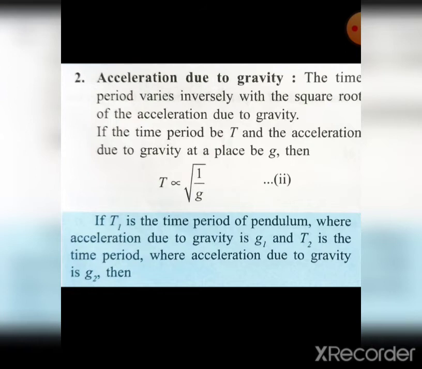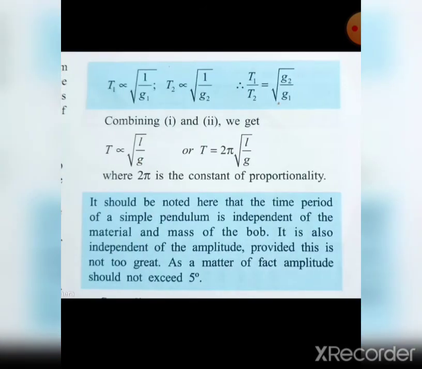If T1 is the time period of a pendulum where acceleration due to gravity is g1 and T2 is the time period where acceleration due to gravity is g2, then T1 is proportional to root of L by g1 and T2 is proportional to root of L by g2. Therefore, in ratio form, T1 by T2 is equal to root of g2 by g1.